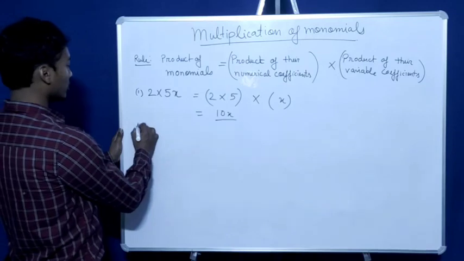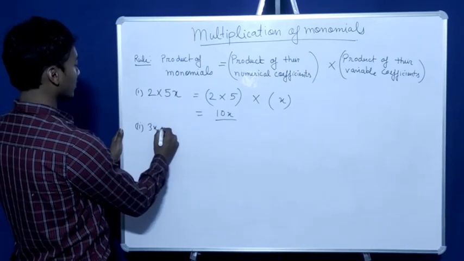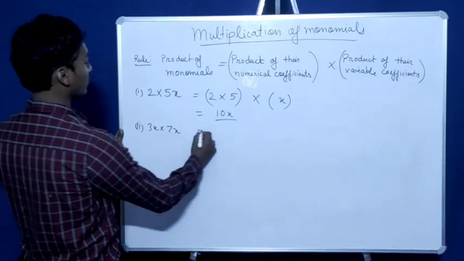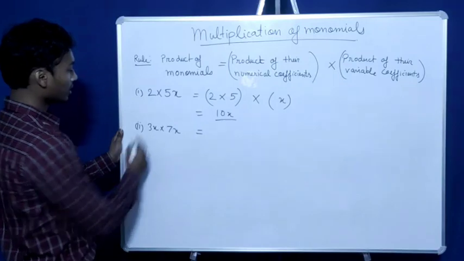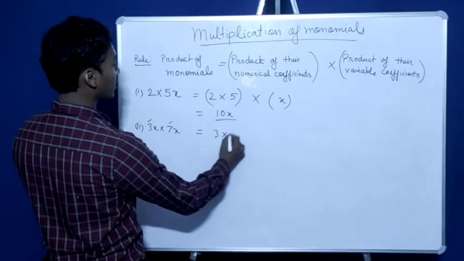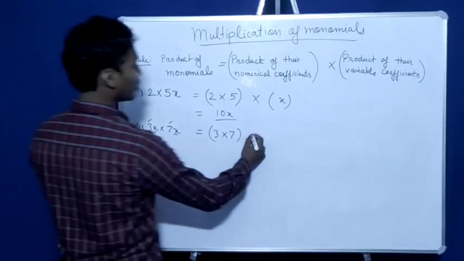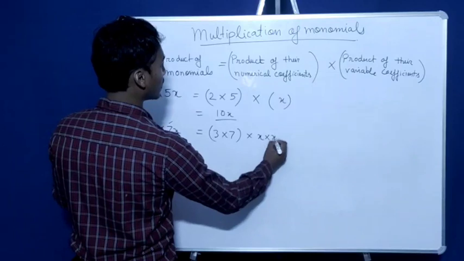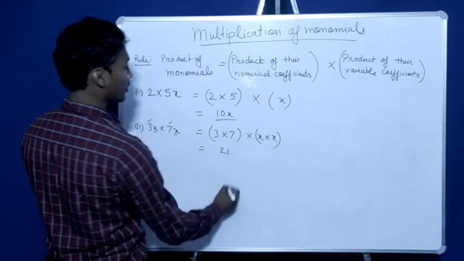Let's take another question. 3x multiplied by 7x. So 3 and 7 are the numerical coefficients in these two terms, so we can multiply 3 and 7. Then the variable coefficients are x and x, so times x times x. So 7 3s are 21.